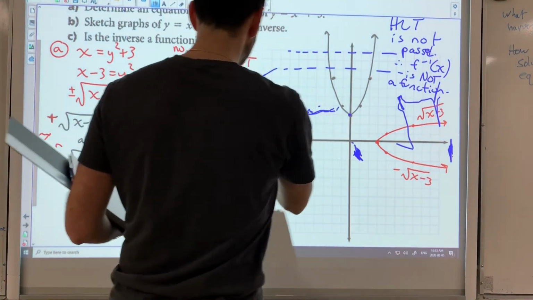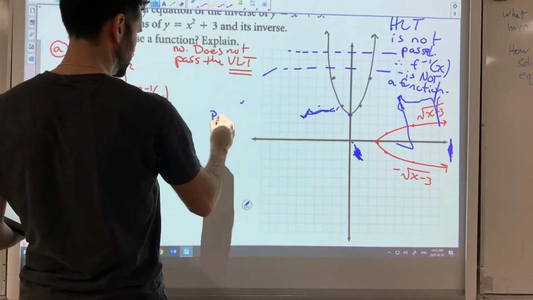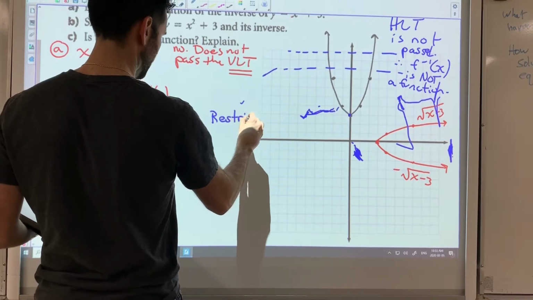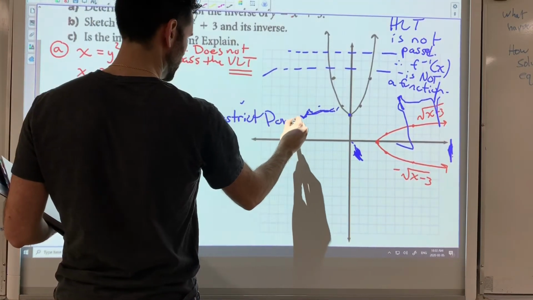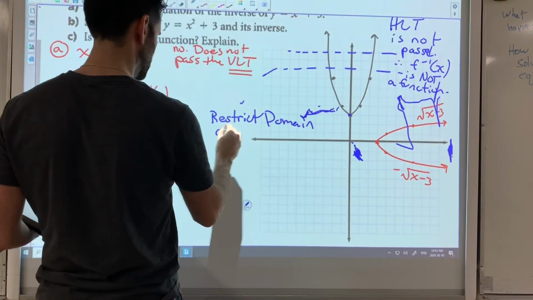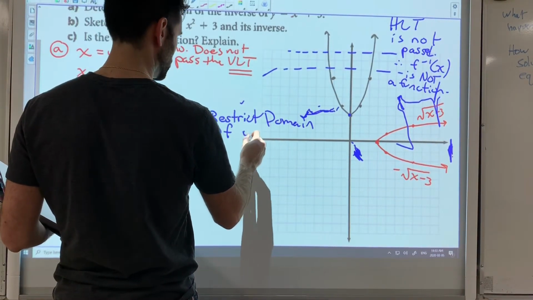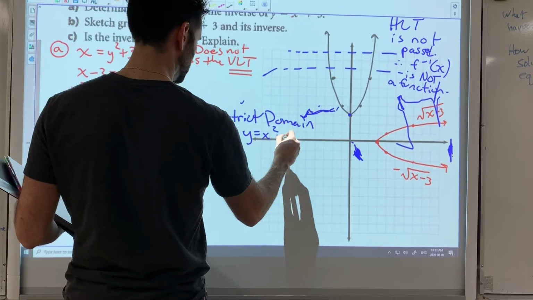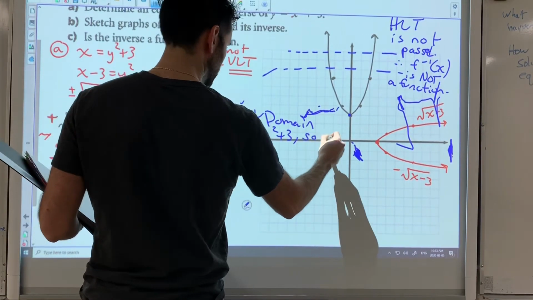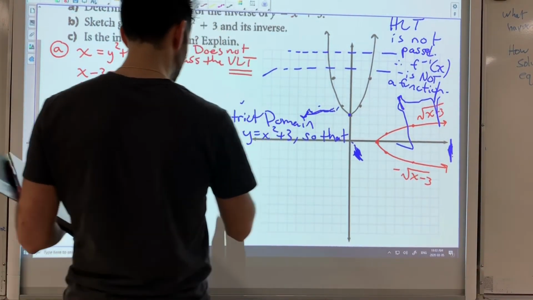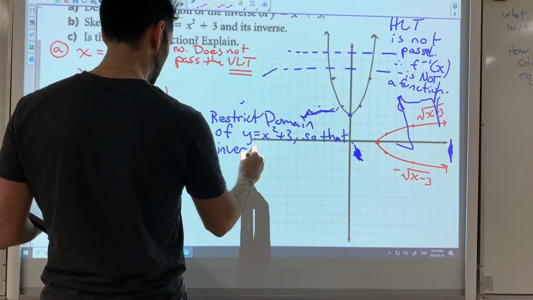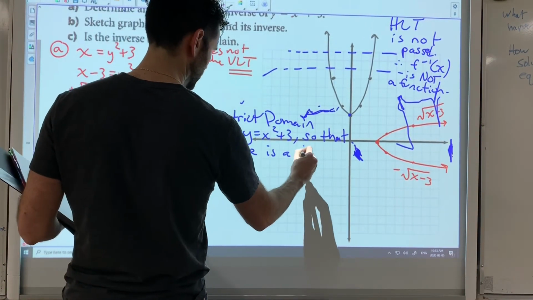So restrict the domain of the function, y equals x squared plus 3, so that the inverse is a function.